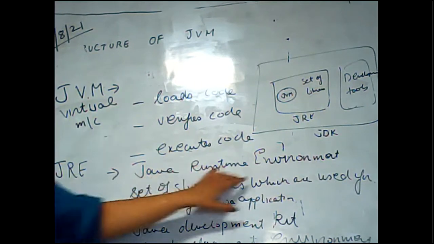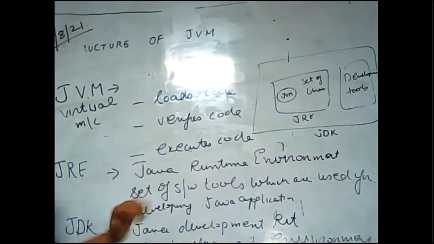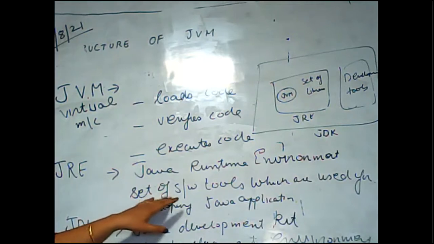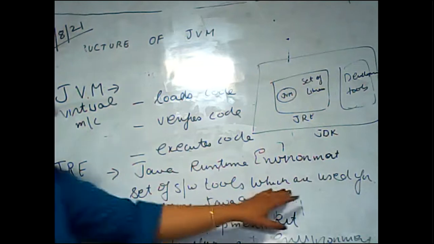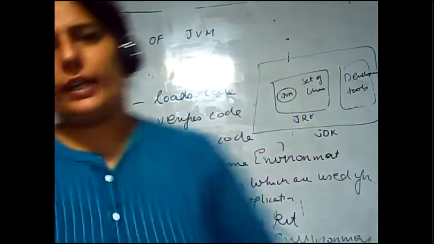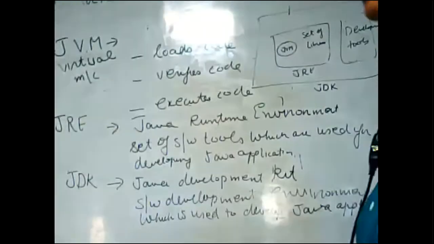That is the Java Runtime Environment. What is its purpose? It will provide you the different set of software tools which are used for developing the Java application. Fine. So this is how we can define the word JRE.